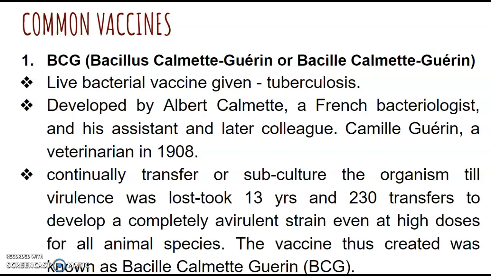It was developed by continuously transferring or subculturing the original sample so that the virulence was lost. And it took, can you imagine, 13 long years, and only after 230 transfers they developed an avirulent strain which has the capability of immunogenicity but does not cause any kind of reaction.